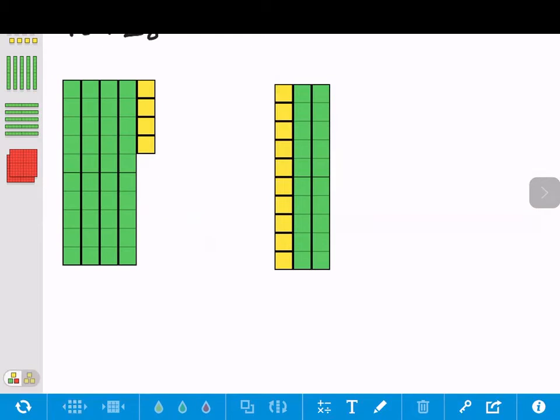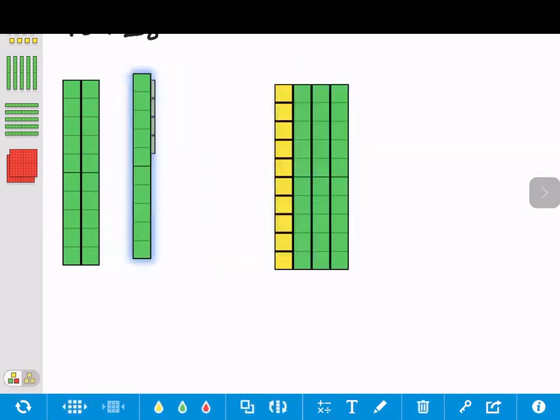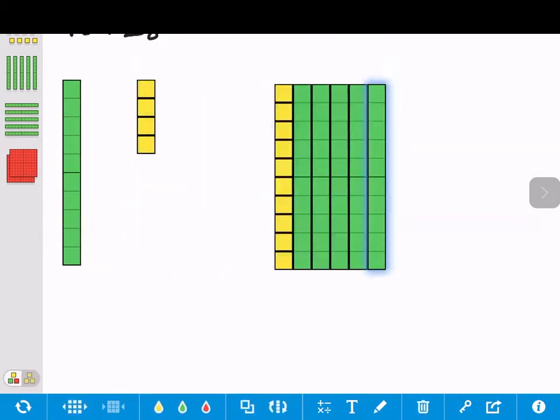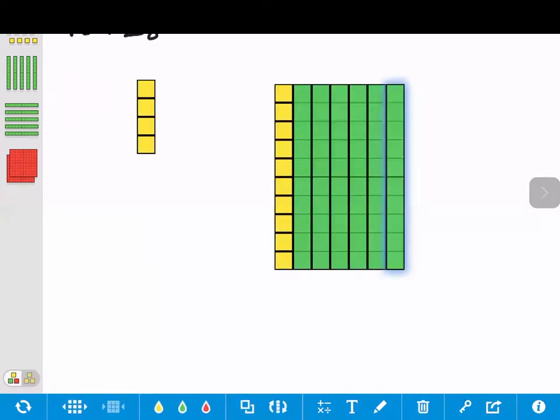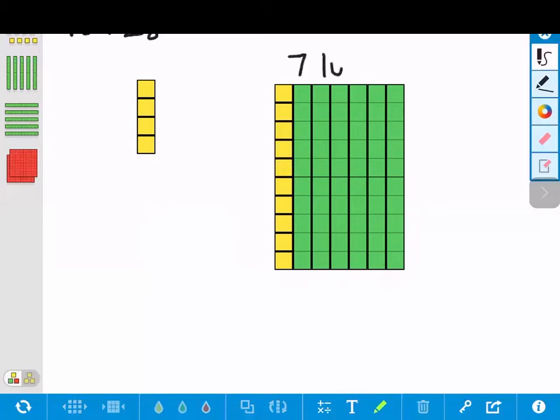So now we've grouped those together, and we can see that we have 1, 2, 3, 4, 5, 6, 7 longs, and we are left with 4 units once we regroup them.